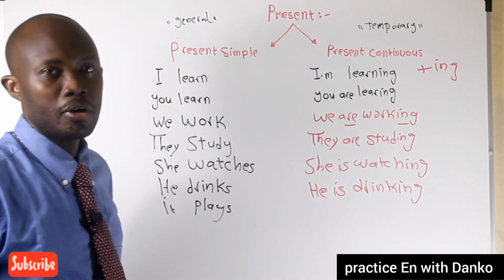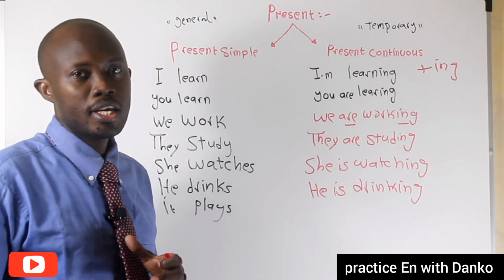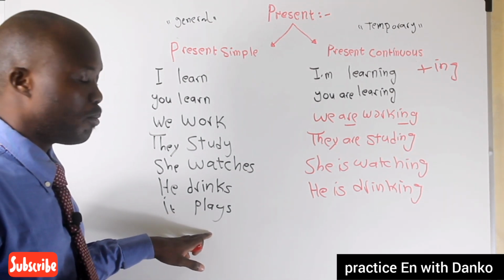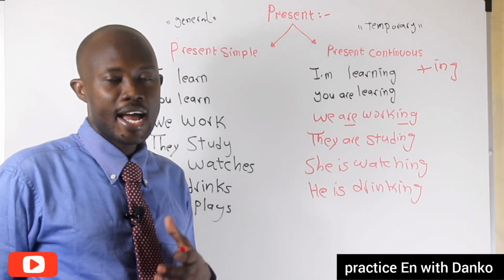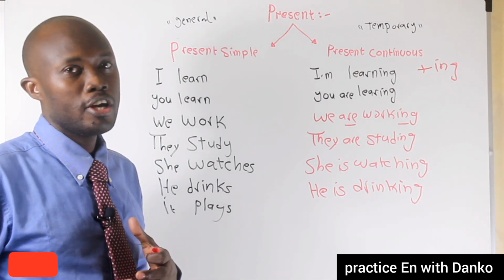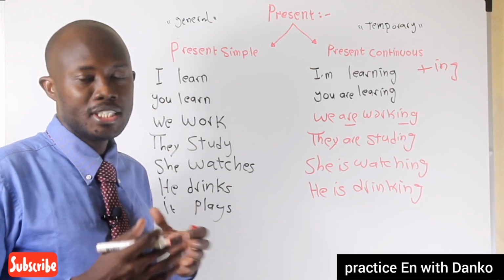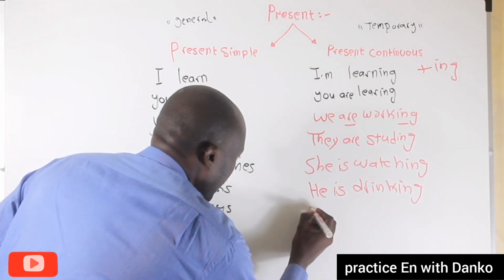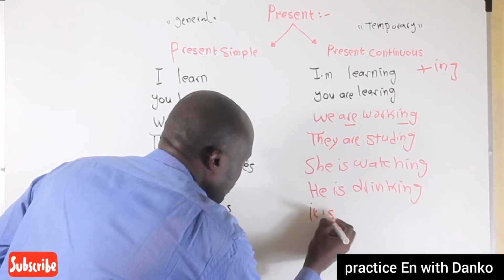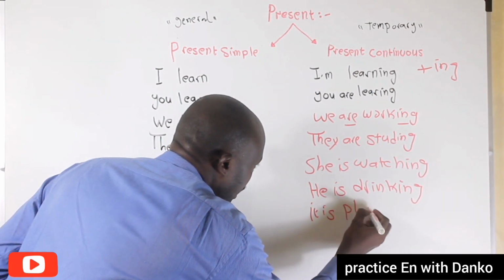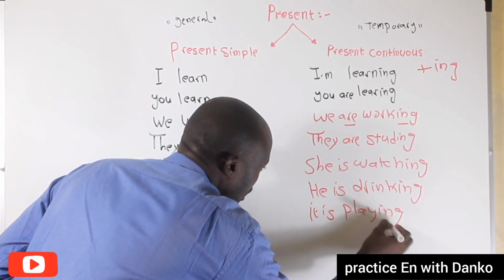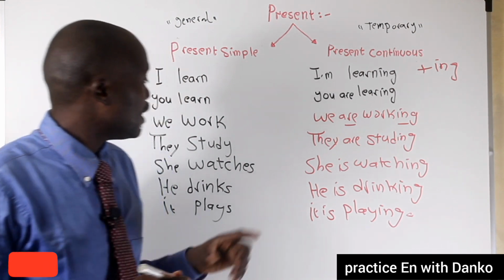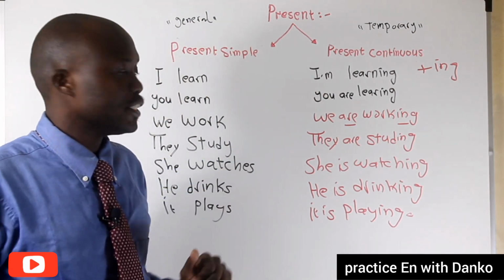Who? Ali or John, he is drinking. Then, it plays. What? Maybe your dog or cat. It is playing. So if you want to talk about these actions, you must say it is playing. That means a present continuous.